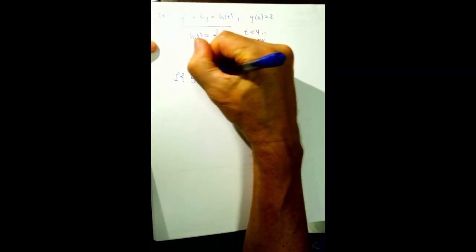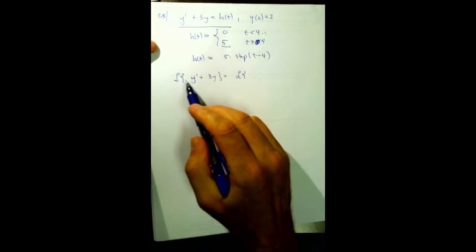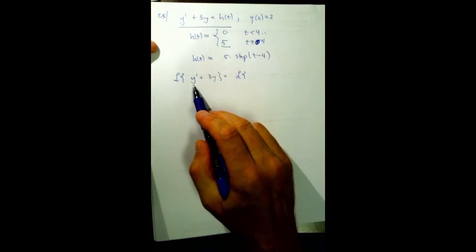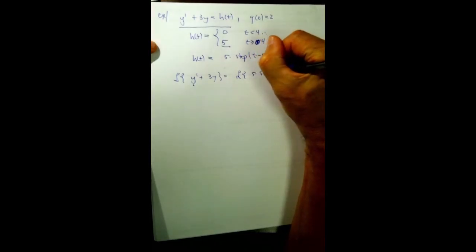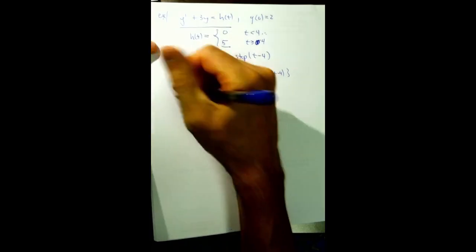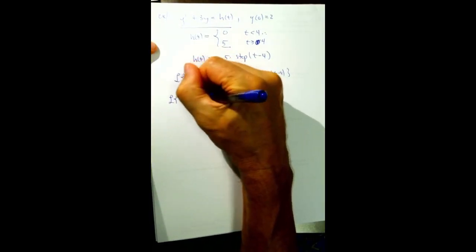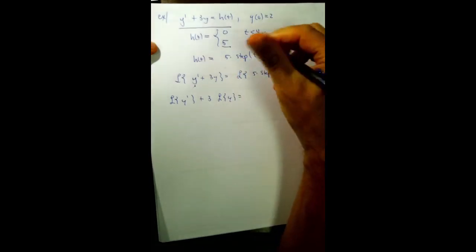So now, coming back to this, I can just take the Laplace transform of both sides. The Laplace transform of the left is the Laplace transform of y prime plus 3y, and the right becomes 5 times the step function at t minus 4. This becomes the Laplace transform of y prime plus 3 times the Laplace transform of y.